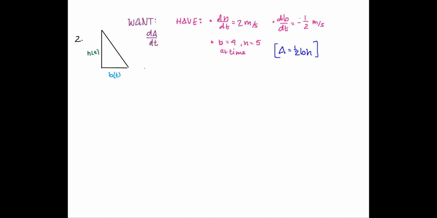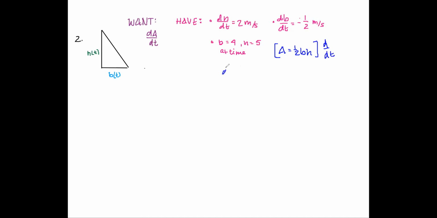We want the derivative of the area. So let's implicitly differentiate. Sure. We can always implicitly differentiate. We can always pick a variable and say, this is how it changes, and in this section it's always time that we're doing this with.